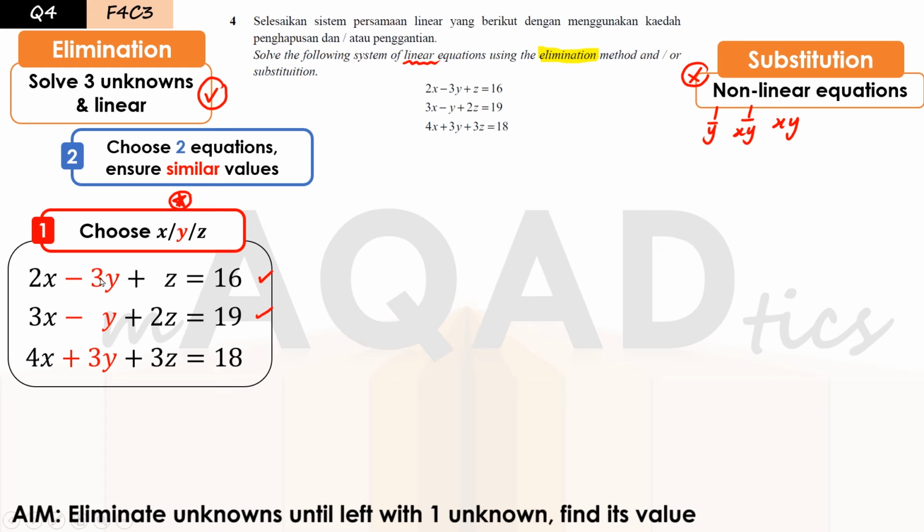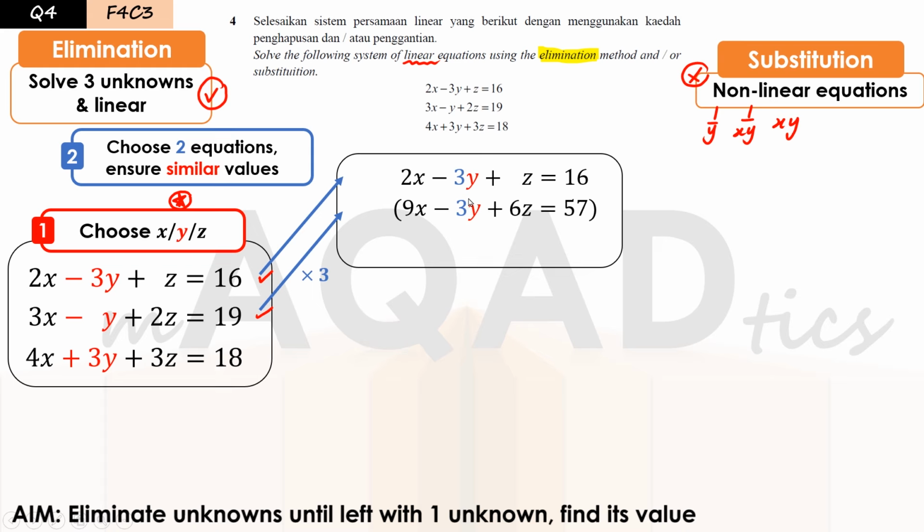The first equation's y is 3, but the second equation's y is 1. To make it the same, we multiply the second equation by 3. Once we multiply, you can see that the value of y is the same, which is 3.